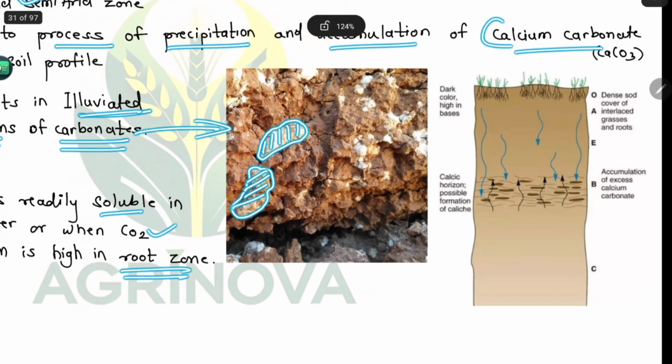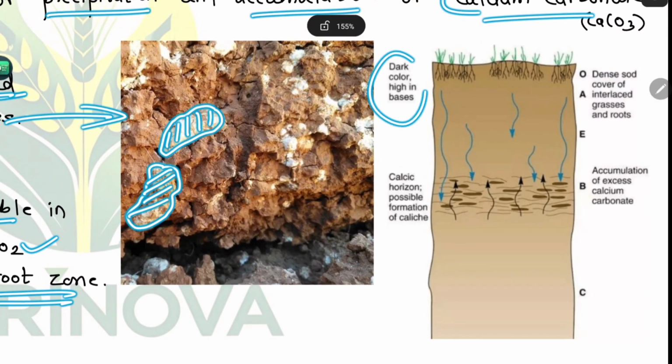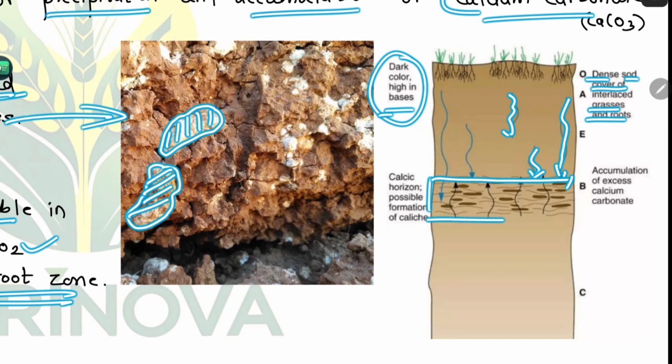One more image you can see. The upper layer is dark in color. So the O layer is a dense solid cover with grasses and roots. In the O and A layer, due to the process of leaching, as the calcium is in soluble form, here the formation of the calcic layer takes place.